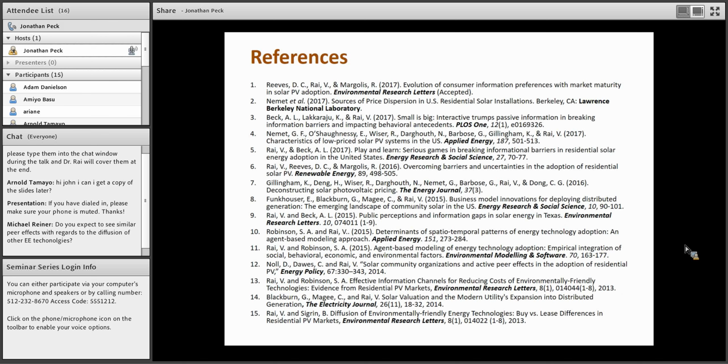One of the things that we found very interesting is that to the extent that folks are going solar at their residence, that has a direct impact on the demand that the utility is able to see.